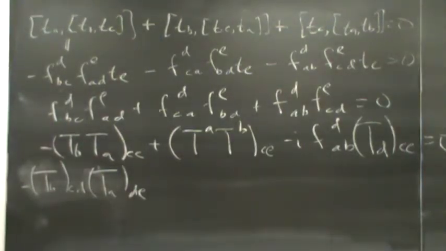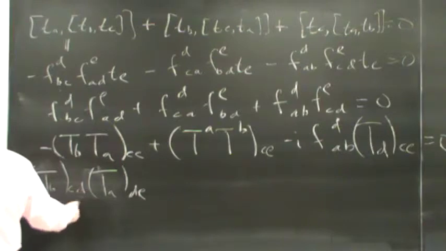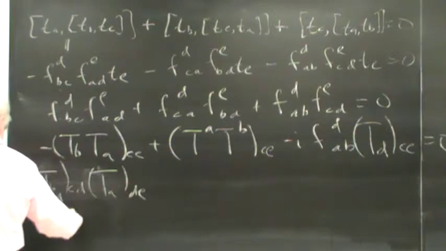Now, TB, CD is, let's hold the minus sign. TB, CD is IFD and C, and then the other one has to be B, I guess, right?